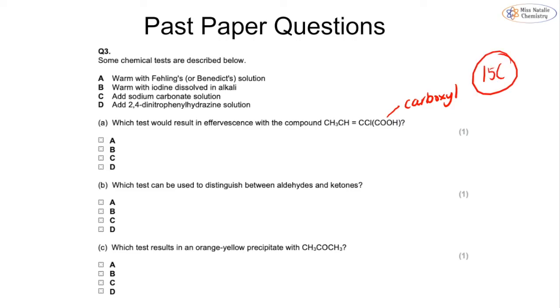But because it's got this carboxyl group, it is going to react with something that is a base. So our answer is going to be C, the sodium carbonate, because we'll be making carbon dioxide. The test to distinguish between aldehydes and ketones, well, that's our first one, which is our Fehling's or Benedict's solution. We would see the blue to red precipitate. Which one gives us an orange-yellow precipitate with propanone, this carbonyl compound, and that's our 2,4-DNPH.